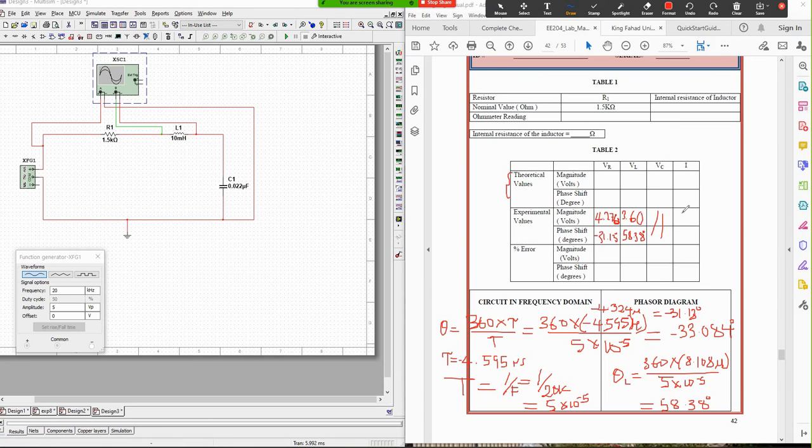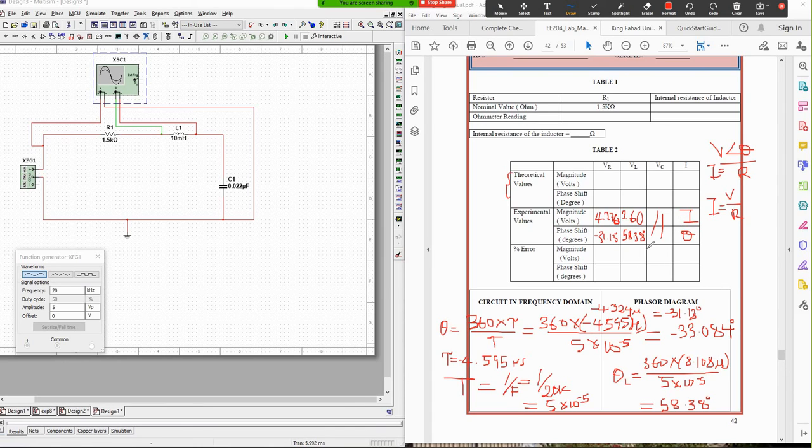Then you find the current using the formula V over R, that is this voltage divided by this. The phase is the same as the theta here divided by R. So the phase that you get is the one you record here, and also the current magnitude that you find, write it here.